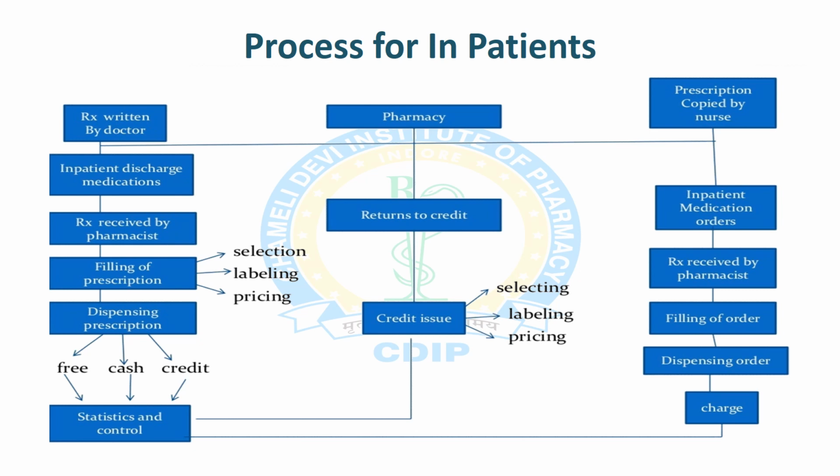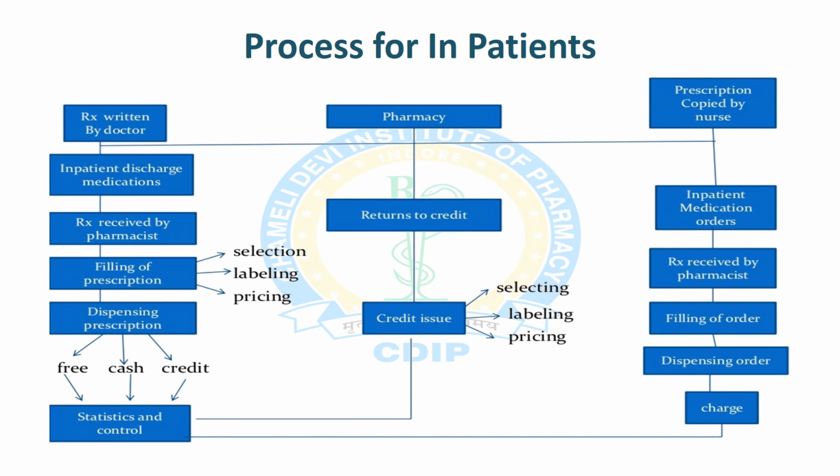Then the pharmacist will fill the prescription in terms of selection, labeling and pricing. Then they will dispense the medication to the patient, and it can be free of cost, in cash or on credit. Statistics and control are recorded.